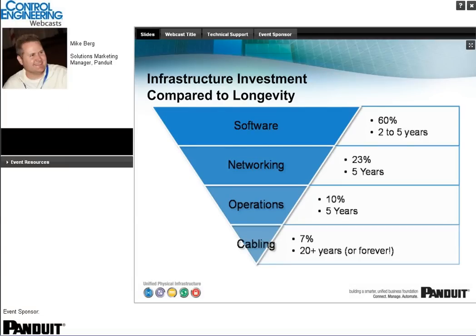So another point we wanted to make for you as well is looking at the percentage spend on different elements in the network, as well as the lifespan of those components.